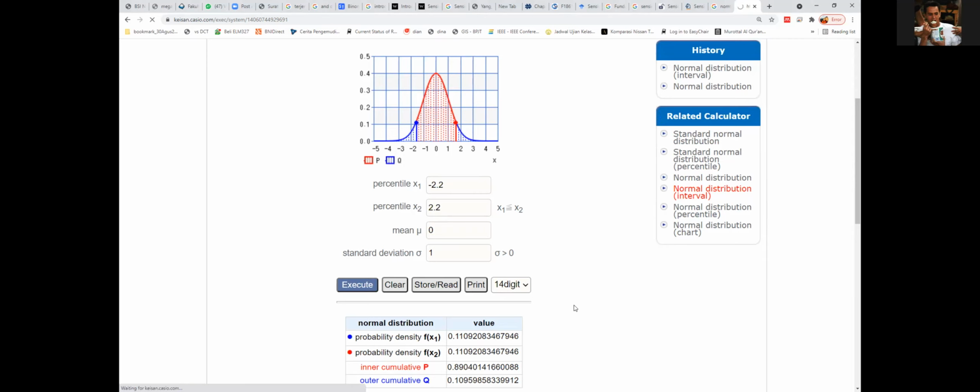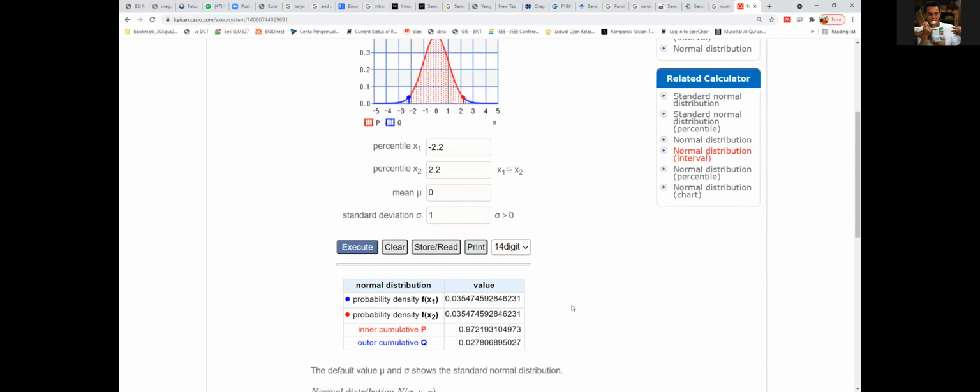Malah makin besar. Oh, ini innernya malah makin besar. Seharusnya kan makin lancip dia. Makin lancip. Grafiknya makin lancip. Oh.